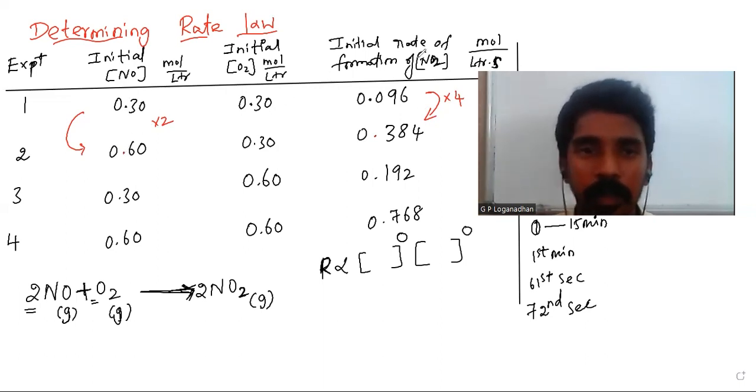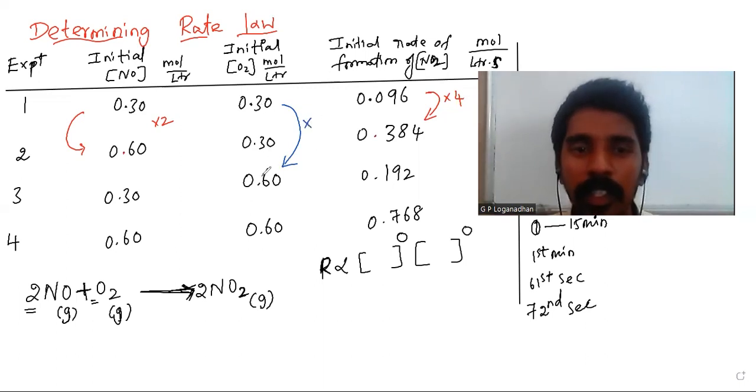Now you see, from the first to the third one, the concentration of NO is kept constant. The concentration of O2 you observe is increased, right? 0.30, now it is 0.60. In the third experiment, you start the reaction with the initial concentration of NO as 0.30 mole per liter and the initial concentration of O2 as 0.60 mole per liter.